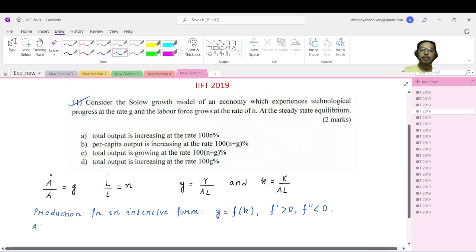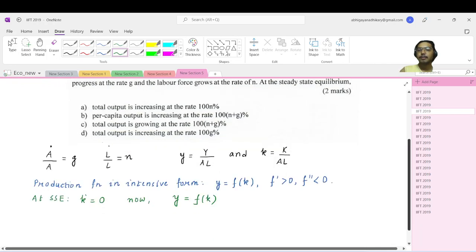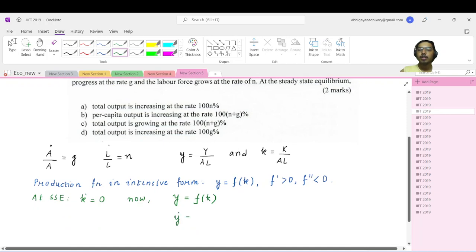So at the steady state equilibrium, what happens? K dot equals 0. Now how do you define y? It is f of k. That means y dot equals f prime of k into k dot.